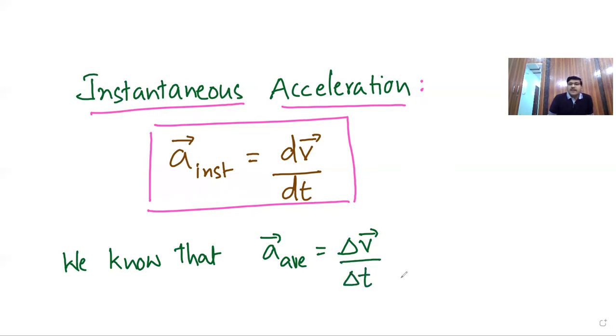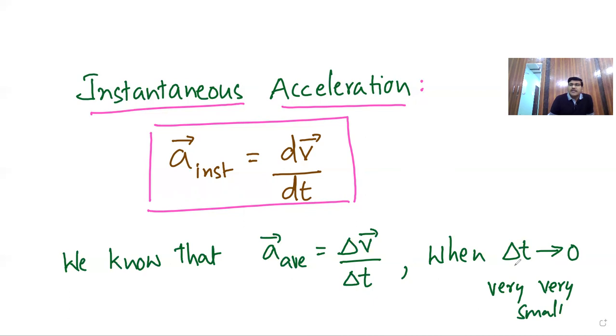When delta t, the change in time, becomes very small, almost equal to zero, then delta t becomes dt and delta v becomes dv.